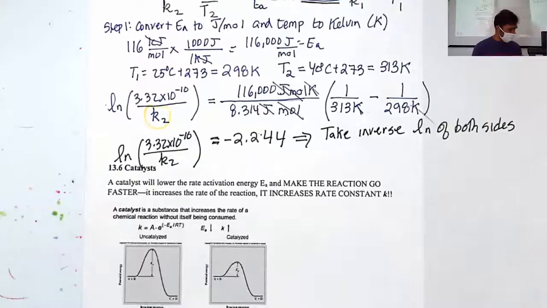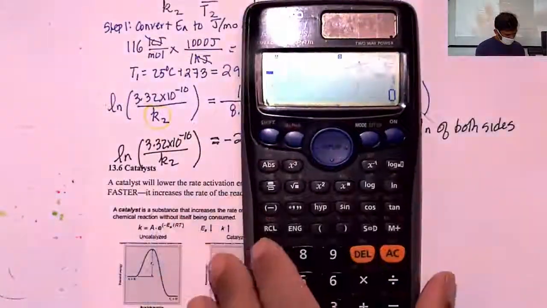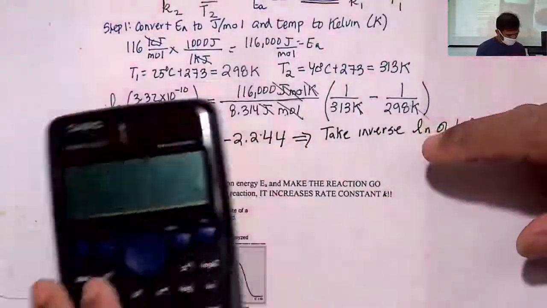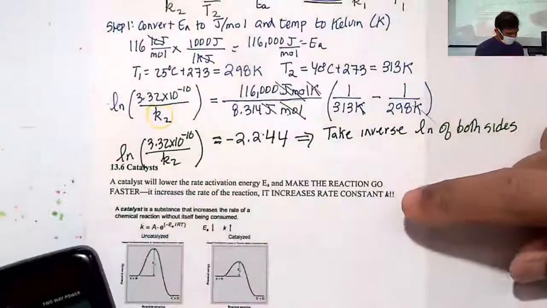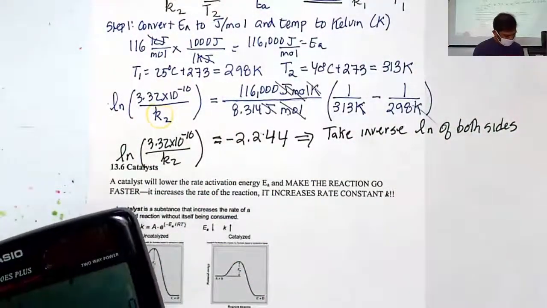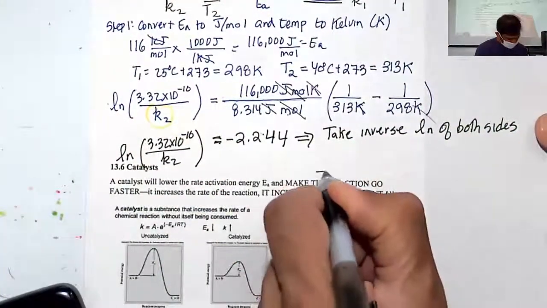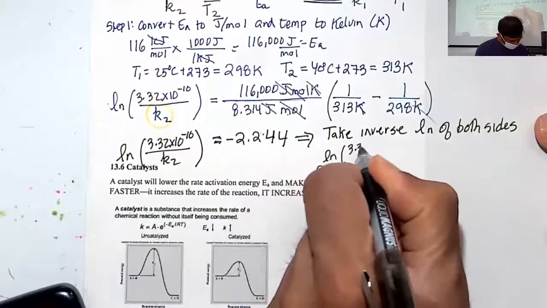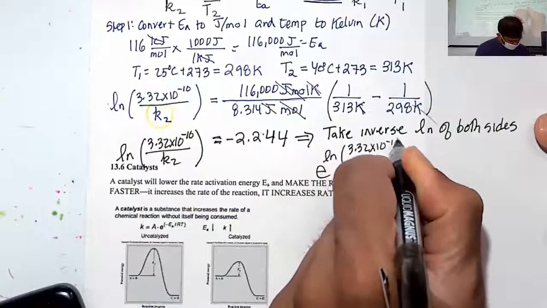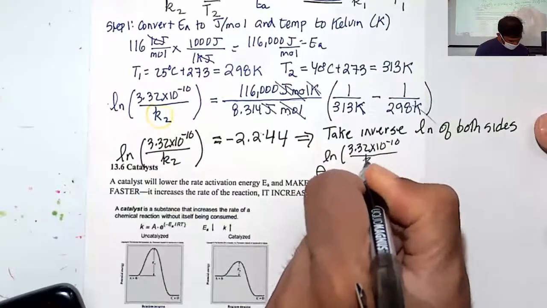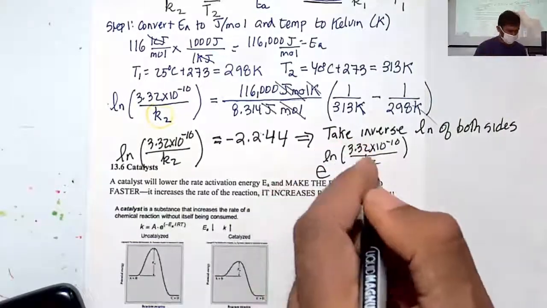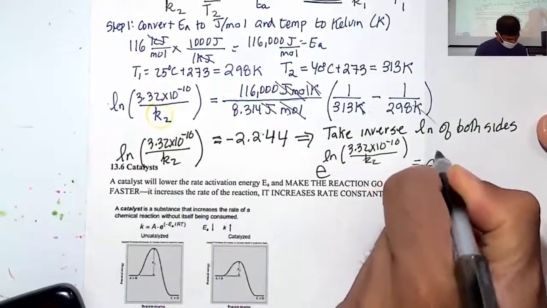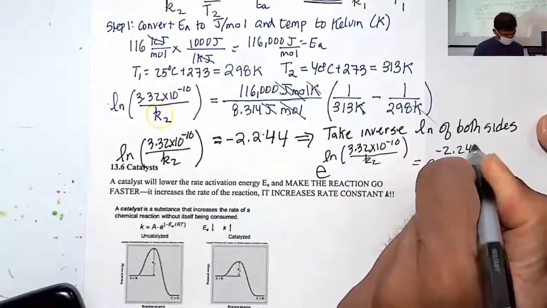Okay, what is the inverse natural log? Shift ln, e. Very good. If you take the shift ln, it becomes e to the power of natural log of 3.32 times 10 to the minus 10 divided by K2, times e to the power of minus 2.244.